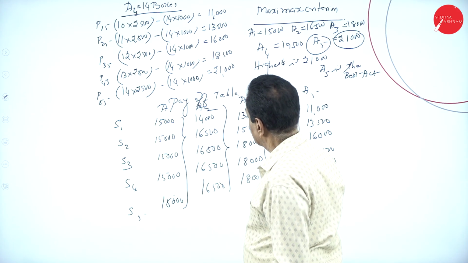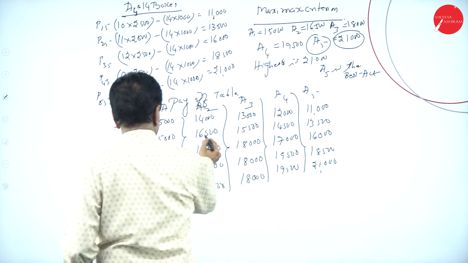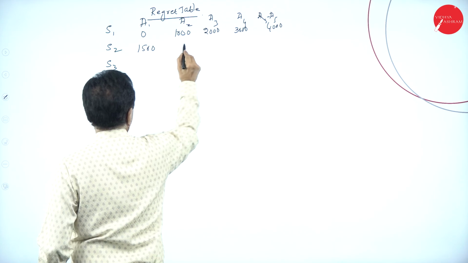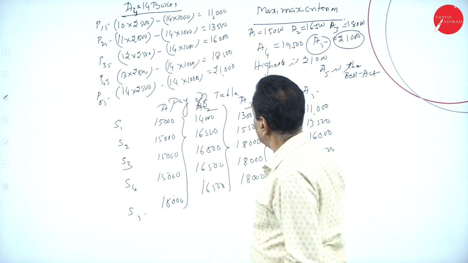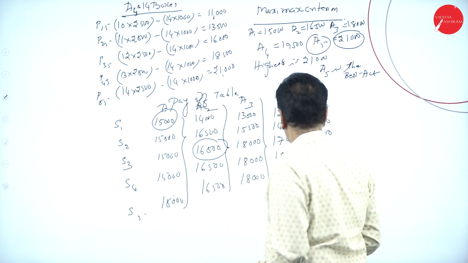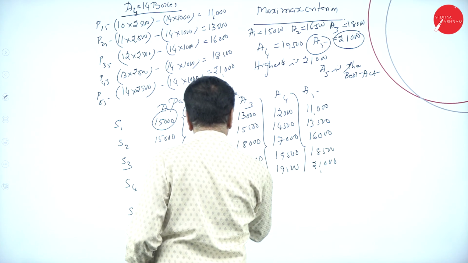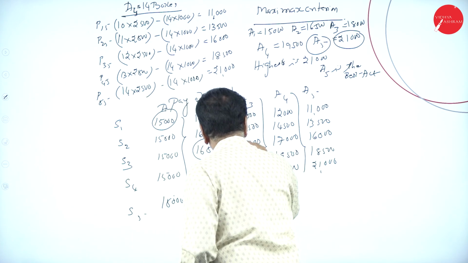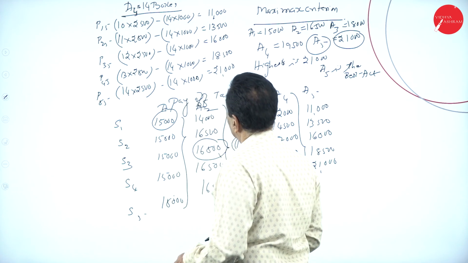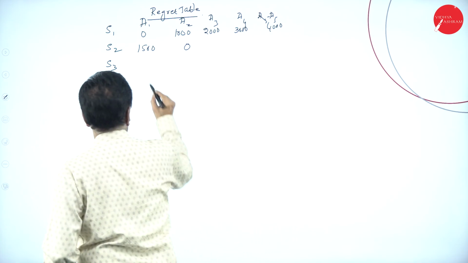Next line, which is the highest one? Second one, 16,500 minus 15,000 means 1,500. 16,500 is 0, the highest we have to take. Here 18,000 is the highest. So 15,000 means 3,000.